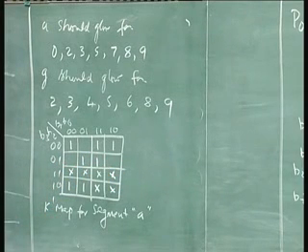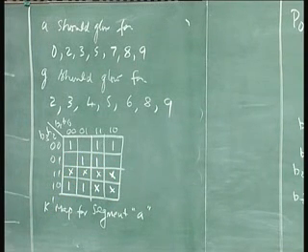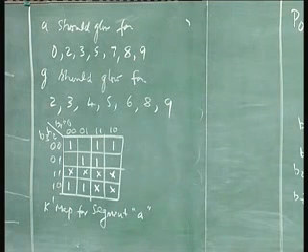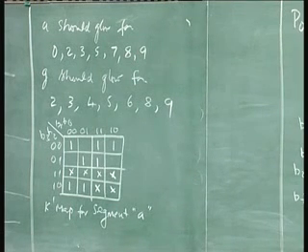This is the map for A segment. Is it okay? Everybody agrees? Any problem? Any mistakes? Have you mapped it properly? Okay, now let us simplify this.